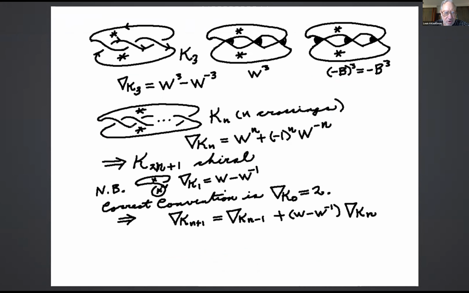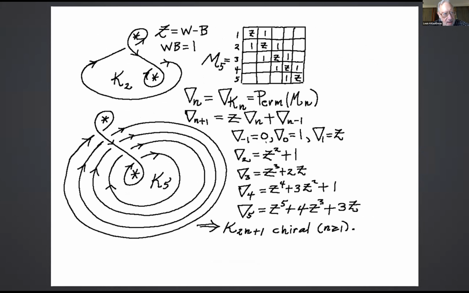And if you had n crossings and the stars in this place, you would get W to the n and W to the minus n. And this is a good example of something that satisfies the skein relations. And you can check that this formula for this invariant is a function of the skein relations. That's a nice example. Here's another example. Here I have these spiral examples where I have stars in these little loops. All right.